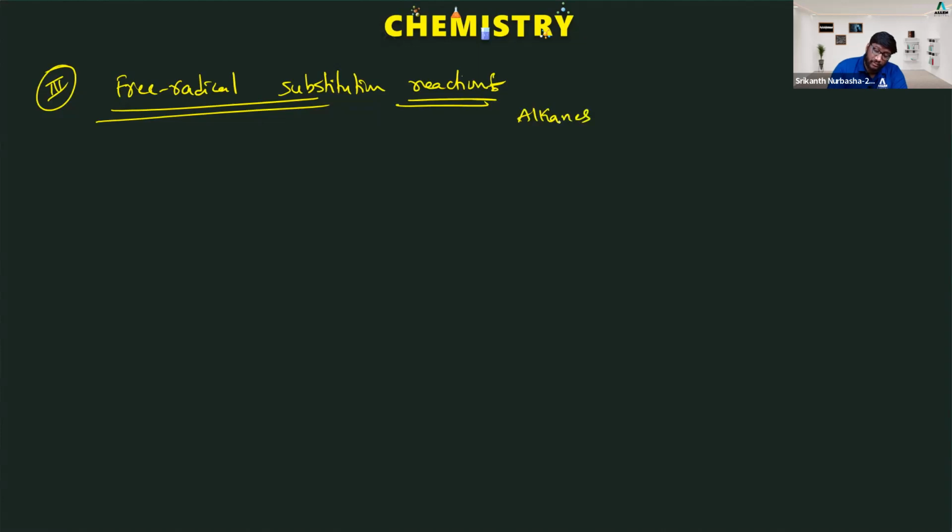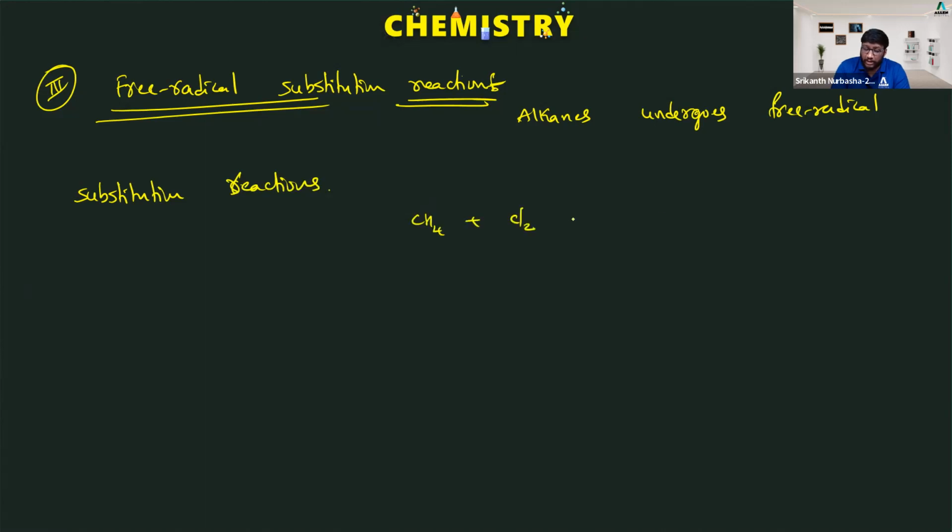Alkanes undergo free radical substitution reactions. So the general reaction would be CH4 plus Cl2 in the presence of hν or sunlight produces CH3Cl.